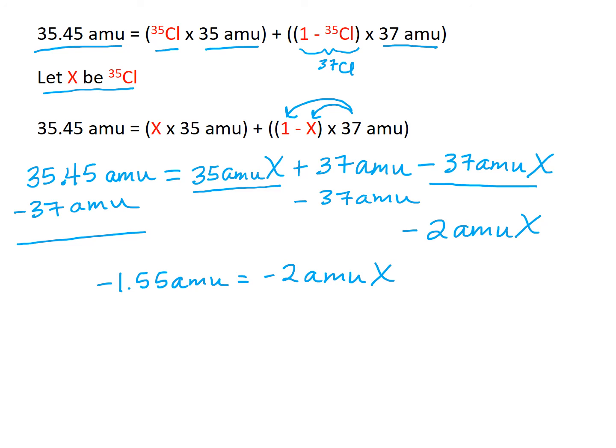So I'm going to take and divide this by negative 2 AMU and divide this by negative 2 AMU. And what I get is X equals 0.775.